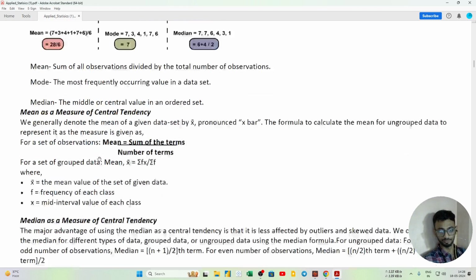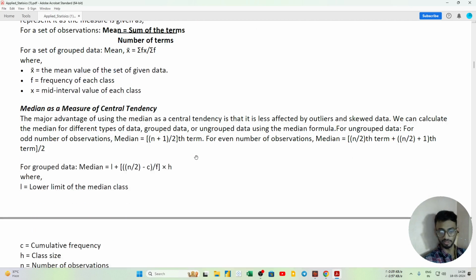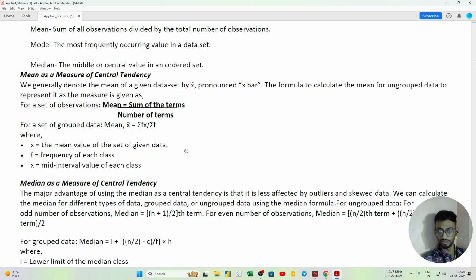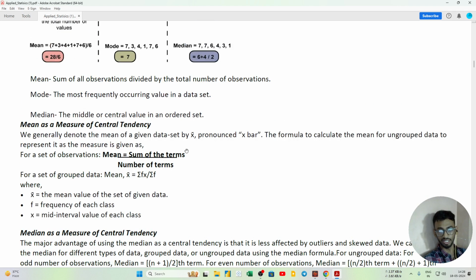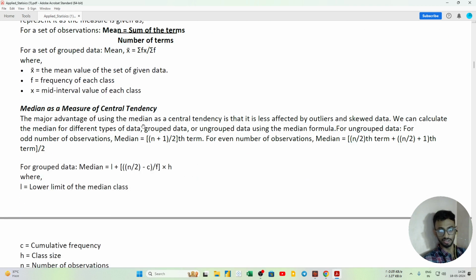If we have data that has outliers, or the number of outliers is very high, or the distribution of the data is skewed, whether positively or negatively, that is, the distribution is not normal, then the mean will be influenced by the outliers, and this does not give a proper central tendency, a proper middle value of the data. That's why in this case the median comes into the picture.